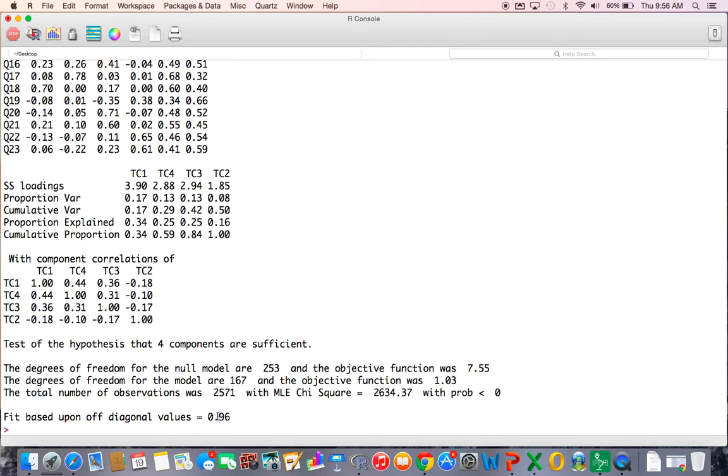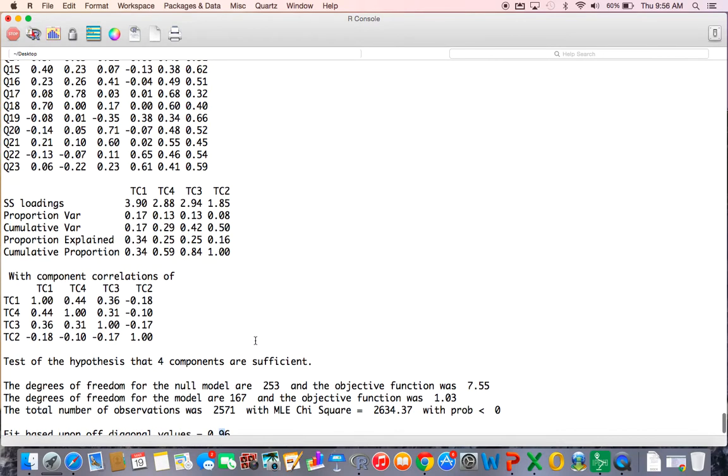Now, the first thing I notice is 0.96 is the same. That's encouraging. The next thing I want to look at is the component correlation. We can see that component 4 and component 1 are highly correlated at 0.44. In fact, component 1 and component 3 are relatively highly correlated too, at 0.36.